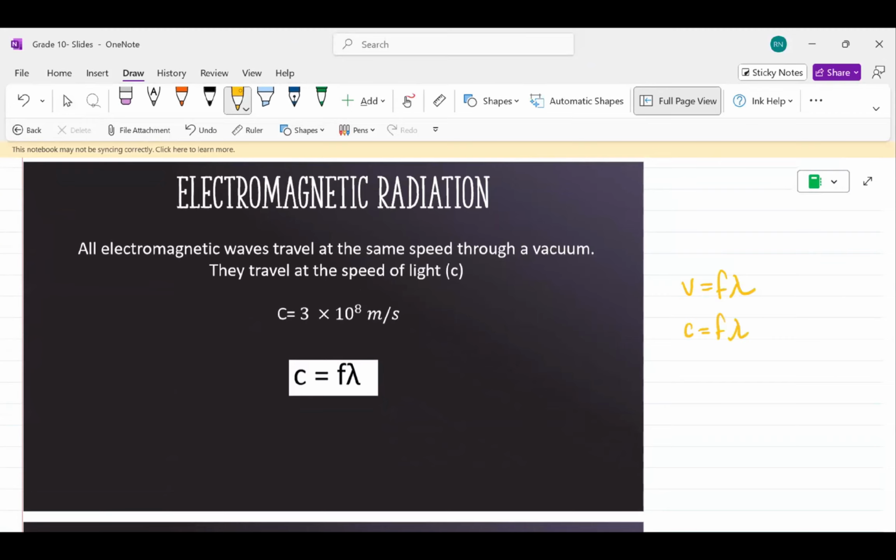And the c is the speed of light, the speed at which light travels in a vacuum. Now, this is always a constant. It's always given as this. And so whenever you're getting asked electromagnetic questions, you know to use your c as 3 times 10 to the power of 8 meters per second.